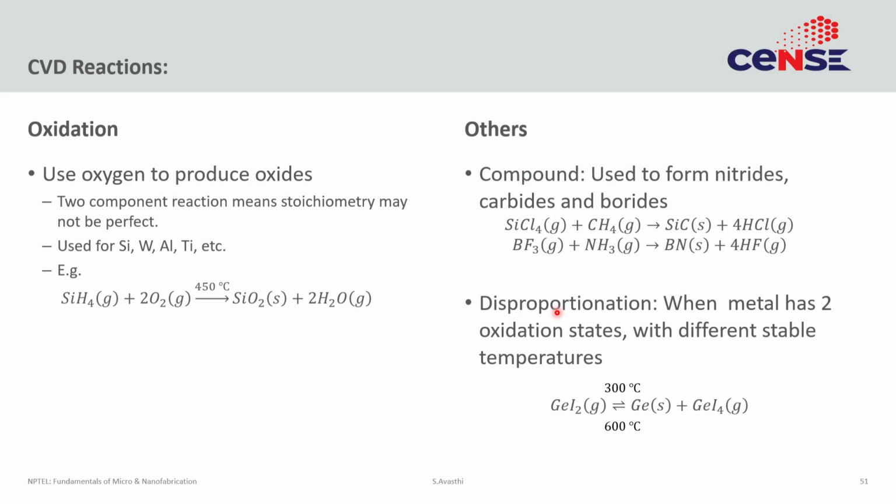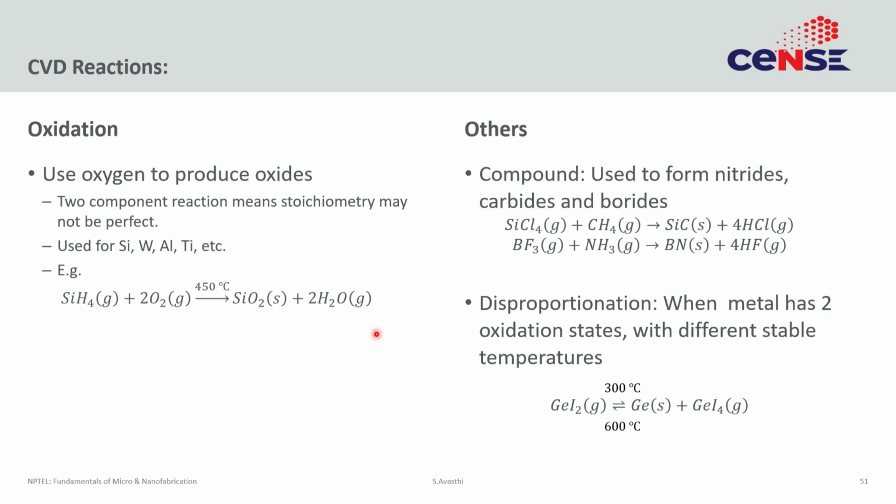Still, if you want to deposit silicon dioxide, for example, you can take silane, put in oxygen and form silicon dioxide. Again, this is a two component reaction. So, for stoichiometric sake, you may need to do some fine tuning in how much silane and oxygen you flow through. A whole bunch of oxides of silicon, tungsten, aluminum and titanium can actually be deposited like this.